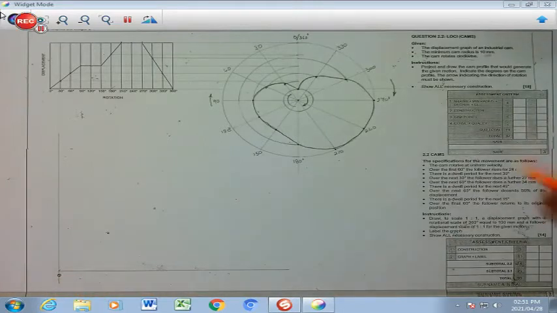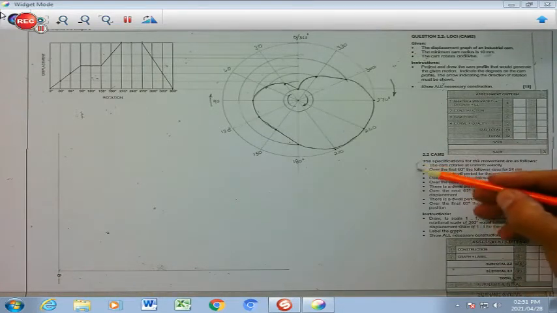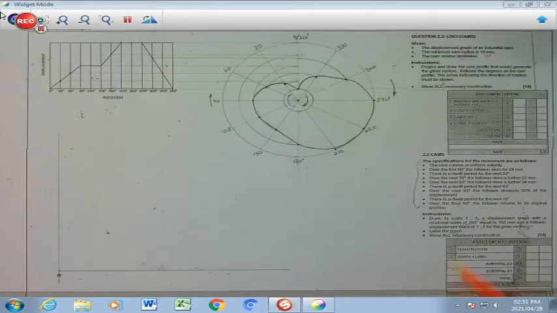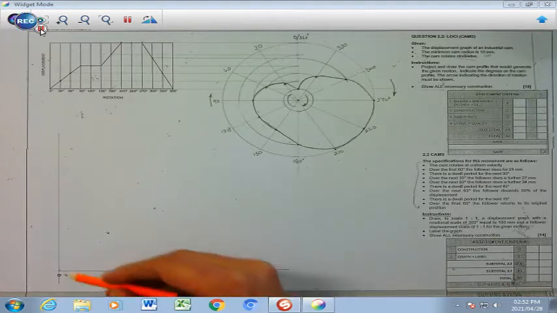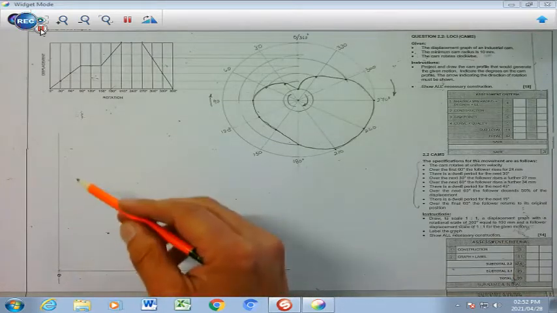So if I read through my instructions here, that is going to be when I'm going to plot. I'm going to focus on the instructions. It says here, draw to scale 1:1 a displacement graph with a rotational scale of 360 equal to 100 millimeters and a follower displacement scale of 1:1 for the given motion. The 1:1 is just basically normal dimensions.